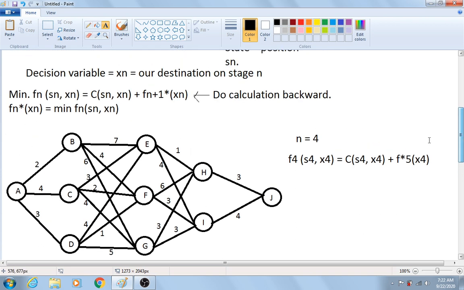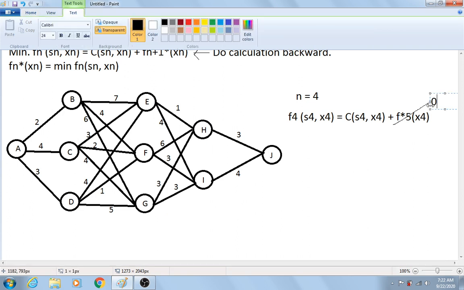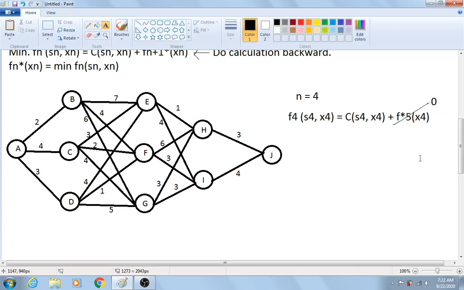I am just following the function that we had before. But remember, we don't have stage number 5, so this is nothing, it is just 0. So for n equals 4, our cost function will be f4 of s4, x4 equals c of s4, x4.